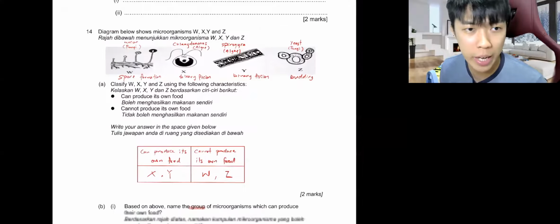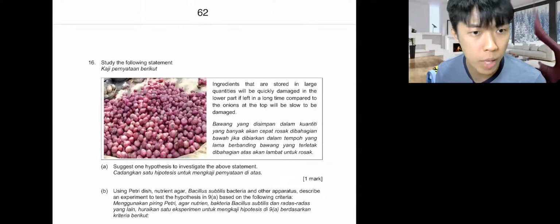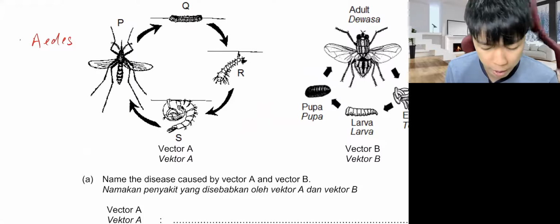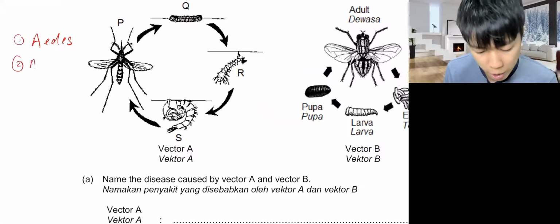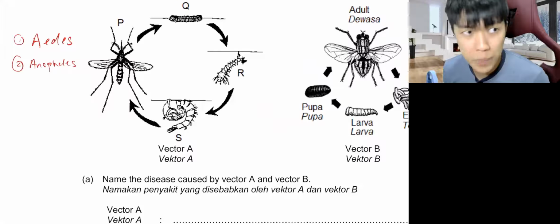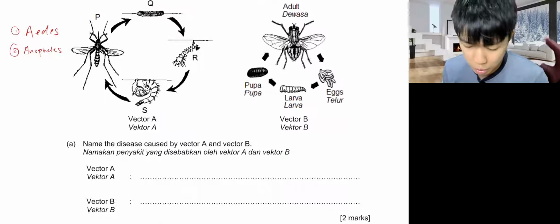All right. Okay, cool. I think we have time for one more. Oh, one more, everybody. Question 13, let's reverse. Okay, vector control, you have the mosquito and the housefly. And remember, mosquito has two types. We have the Aedes mosquito, and we have the other one called Anopheles mosquito. Okay, so the Aedes mosquito will cause what disease?